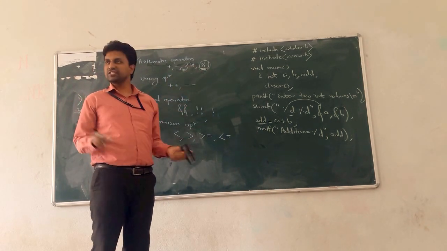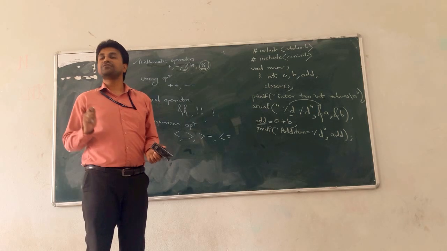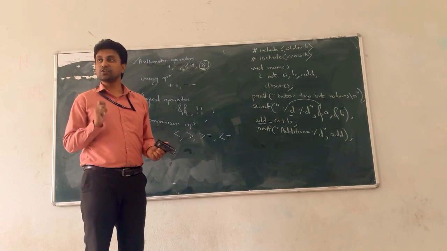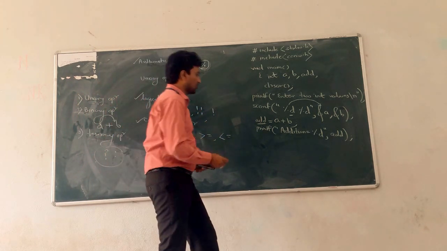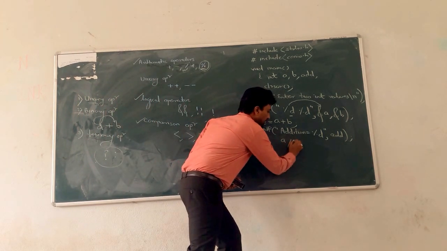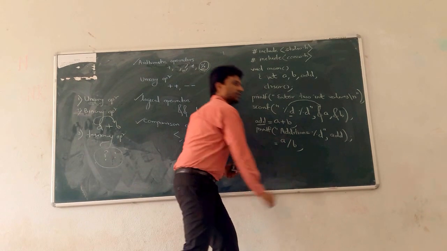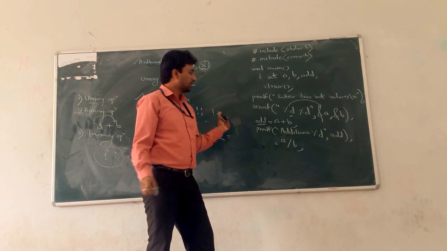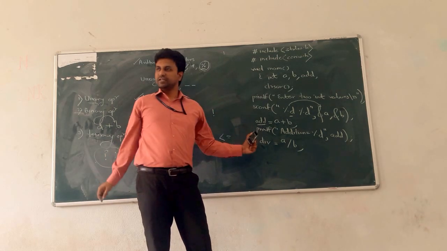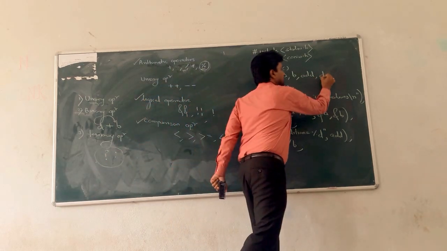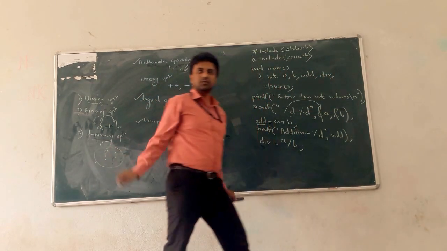Okay, then the main important part is division and modulus. Subtraction and multiplication are similar, but the confusion is in the division operator and the modulus operator. So first take the division operator. a divided by b, and store that division in the variable div, and declare that variable here, division, comma.